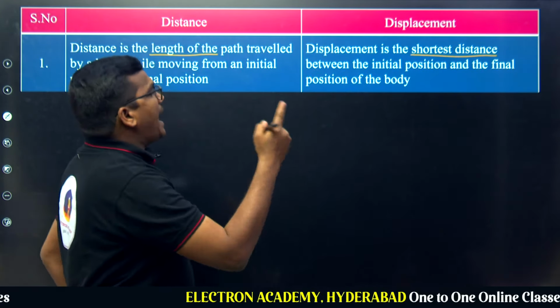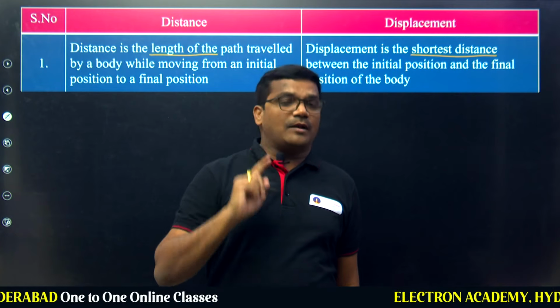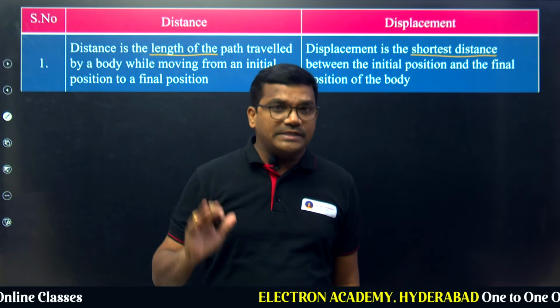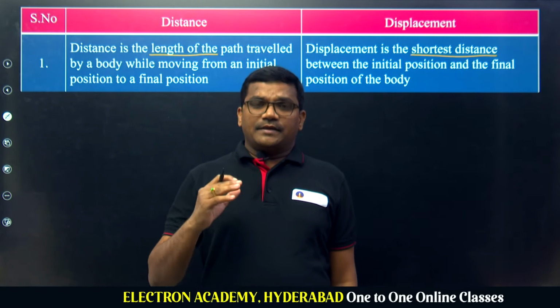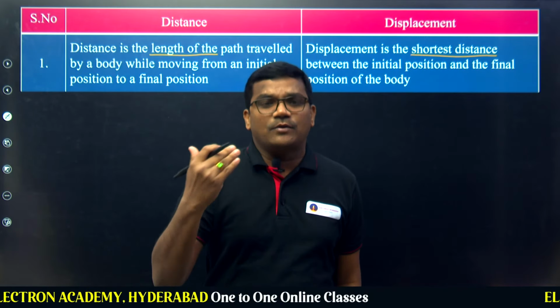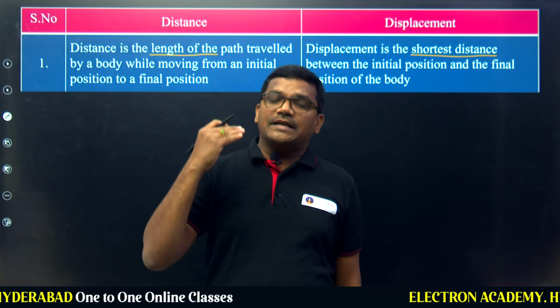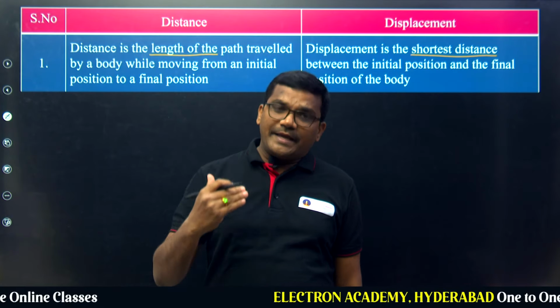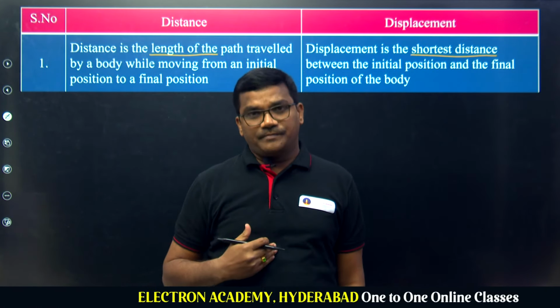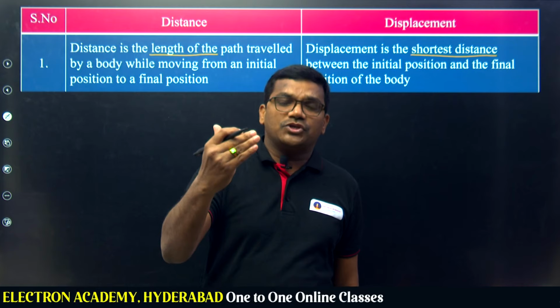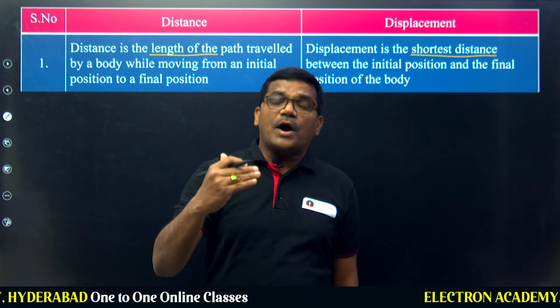The shortest distance between initial position and final position, not only shortest distance. Displacement is a vector quantity, so we always have to measure from initial position to final position. Initial position to final position is positive displacement.